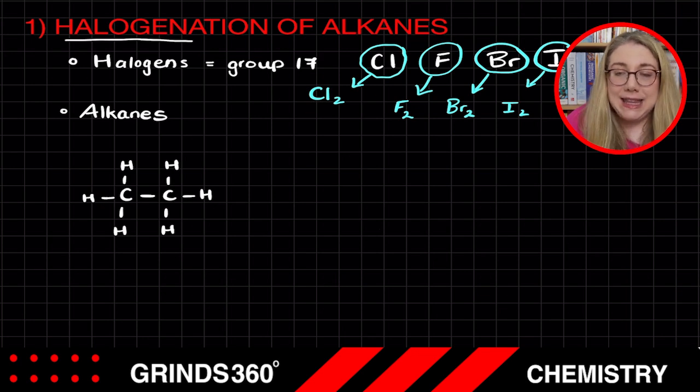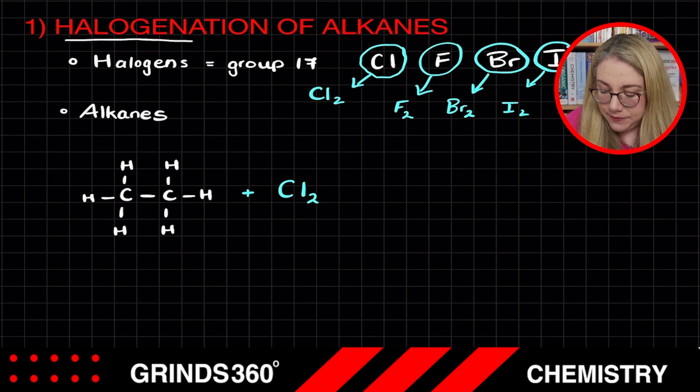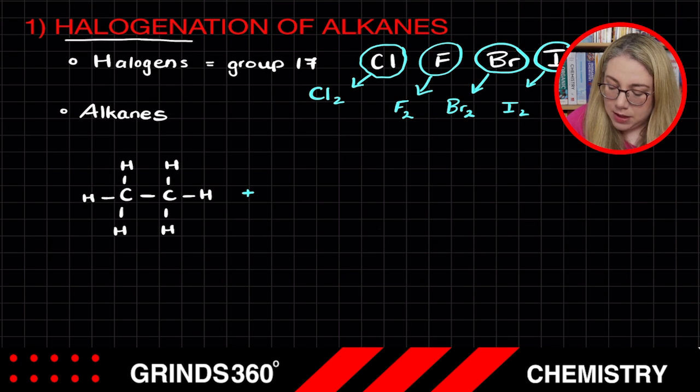So if we look at ethane on the screen. Now, if I want to take ethane and form chloroethane, so I'm going from an alkane to a chloroalkane, the second reactant that we need to react with this would be chlorine, or Cl2. Now, with chlorine, that is chlorine bonded to chlorine.